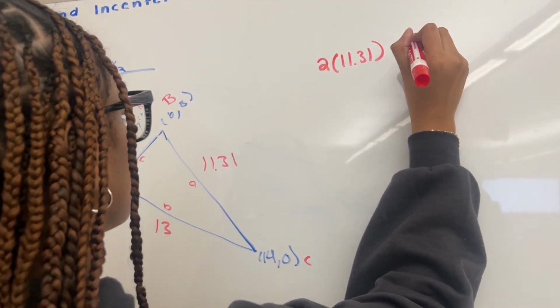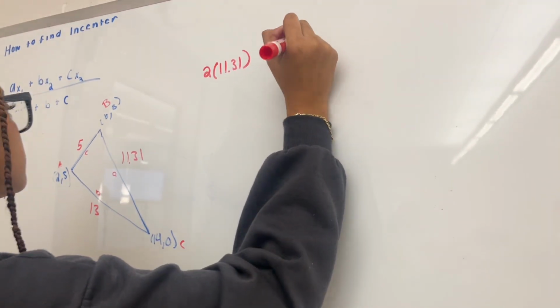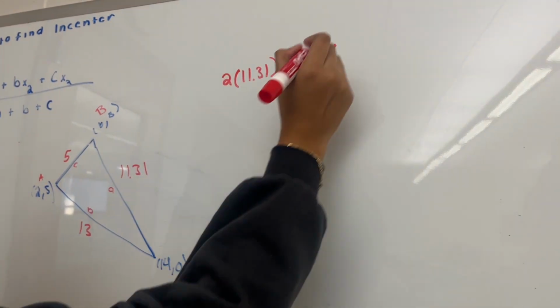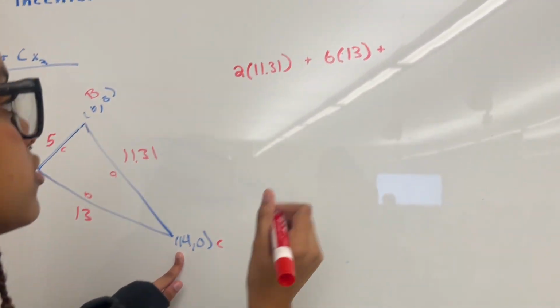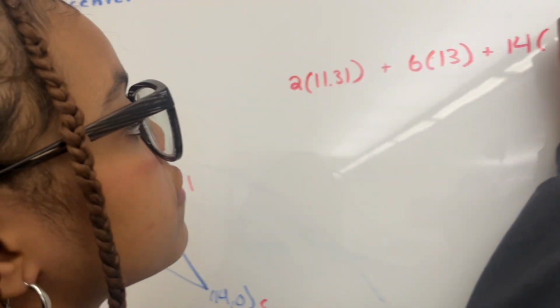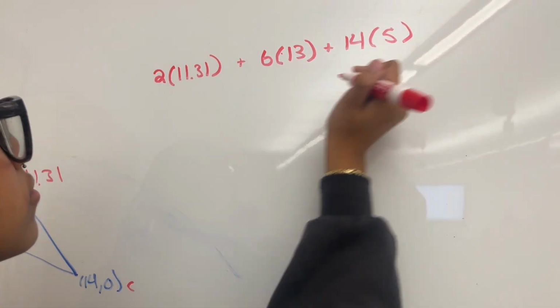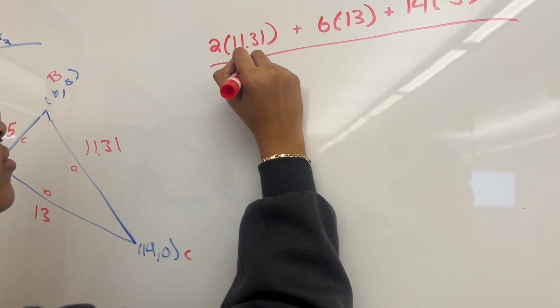Then you add that to the x from B, which is 6, times its side length, which is 13. And then the x from C and its side length, which is 5. And then you do that over all the sides added together.